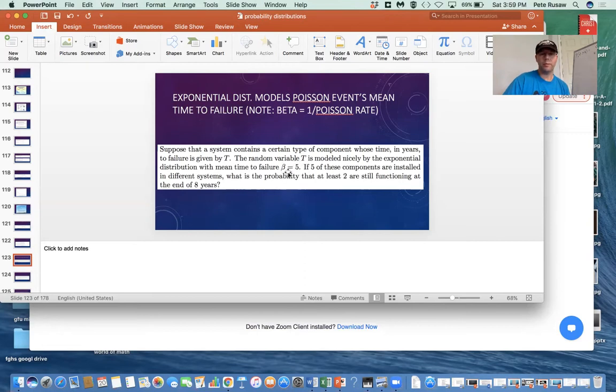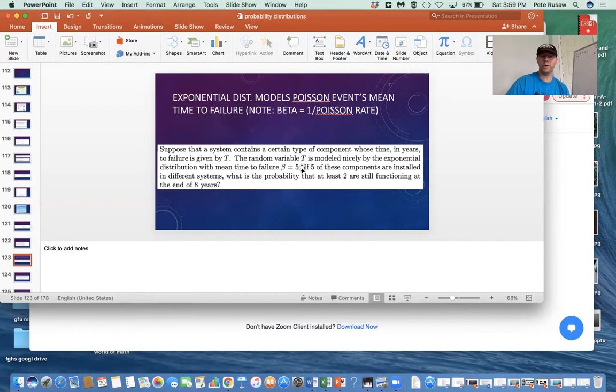But beta is 5, so we can plug 5 in for beta into the gamma distribution. And the interesting thing about this question: we've got a system with components whose time in years to failure is capital T, that's our random variable. Our measurement is the time until failure. We're going to use an exponential distribution. Beta is 5.